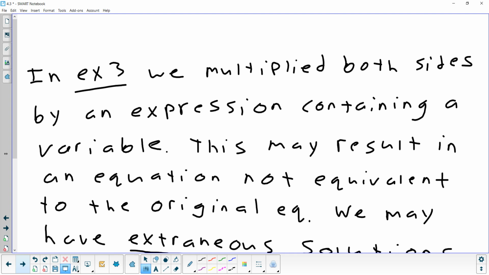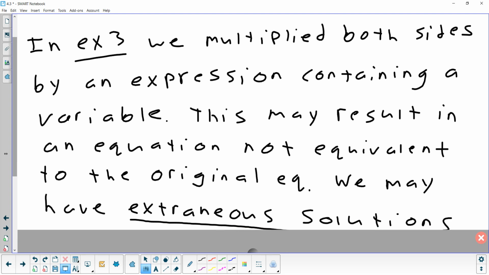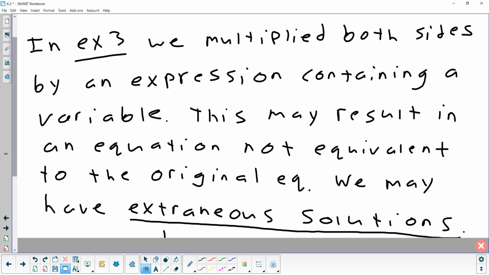Because when you multiply both sides by something with a variable, you can end up making an extra answer to the equation that shouldn't be there. That's called an extraneous solution. It's a solution that you created because of a step you took in the problem, and that solution shouldn't be there.